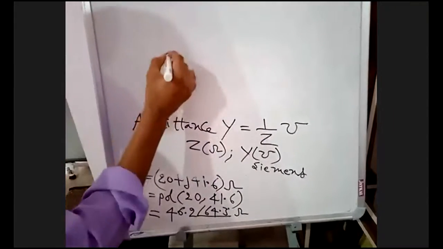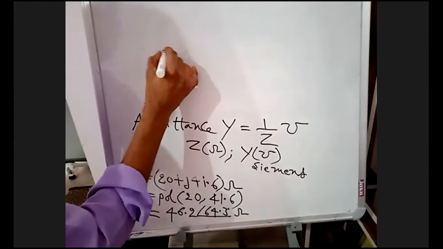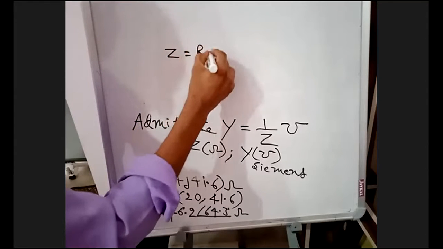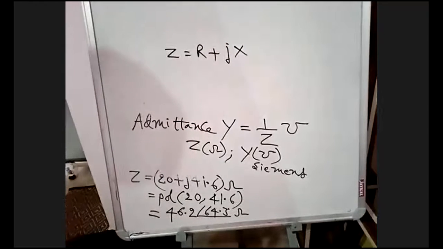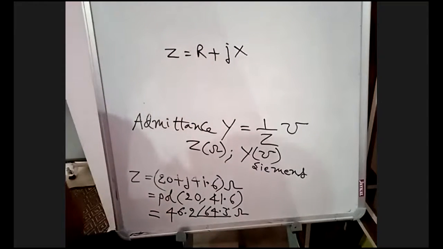Now I am writing Z is equal to R plus jX. X is called reactance, whether it is inductive reactance or capacitive reactance.